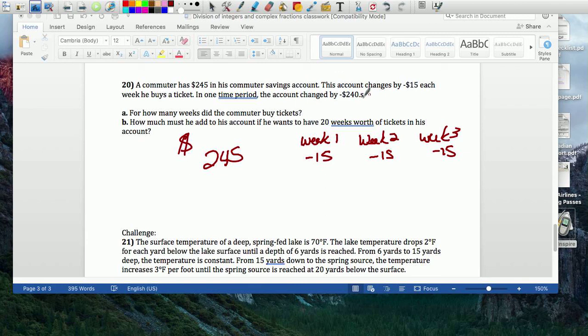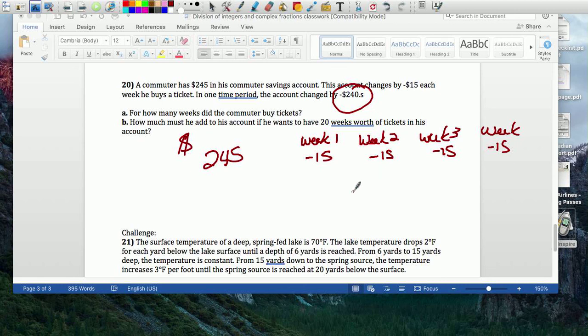So how long did it take for it to go all the way to 240? So week 4 was another minus 15. So eventually all these minus 15s are going to add up to this. So how many weeks did it take to get to 240?